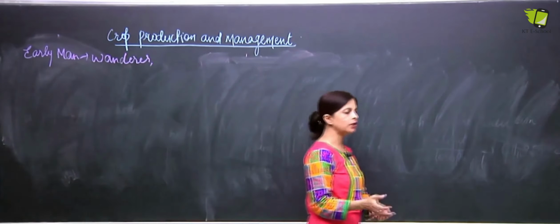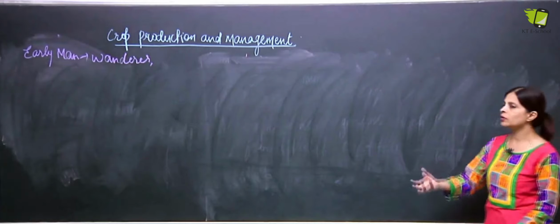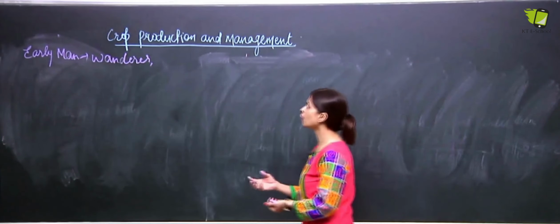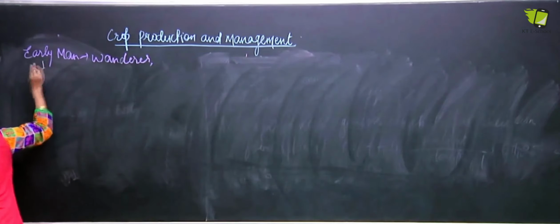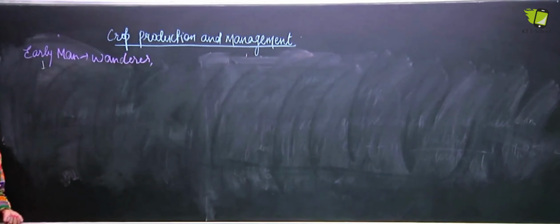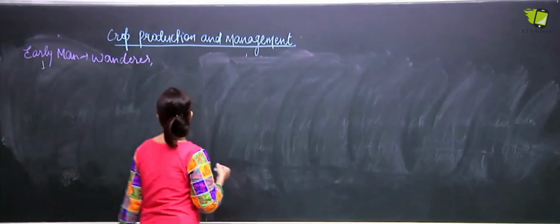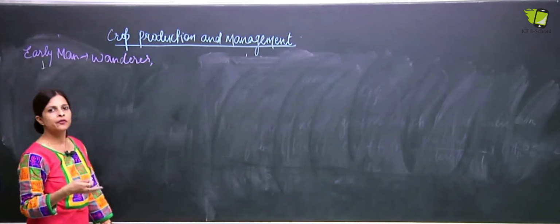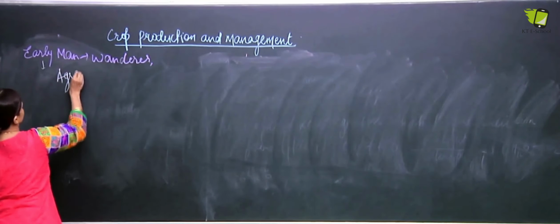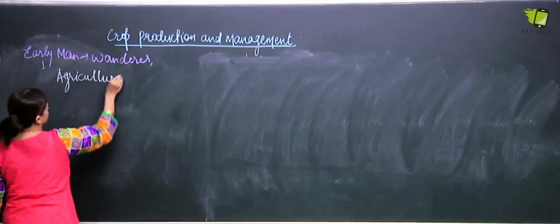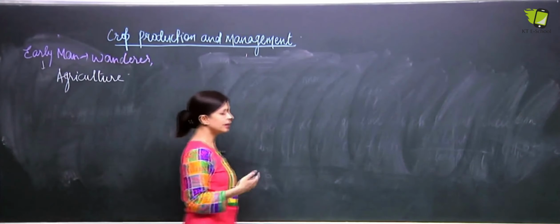The one who keeps on shifting from one place to another. They used to eat raw food, raw vegetables first of all, and slowly they started growing crops. In this way, we can say that agriculture came into existence for the first time.